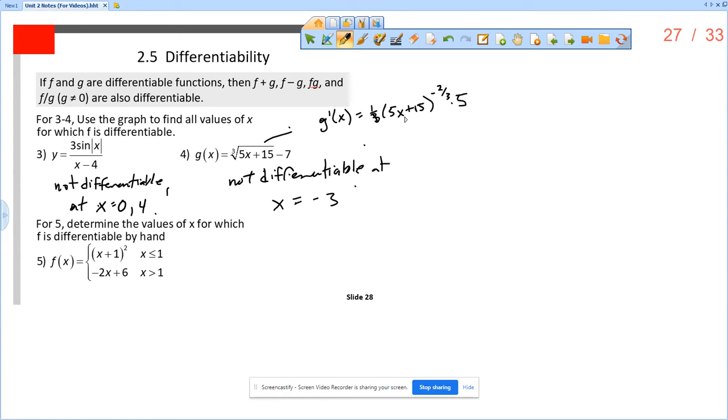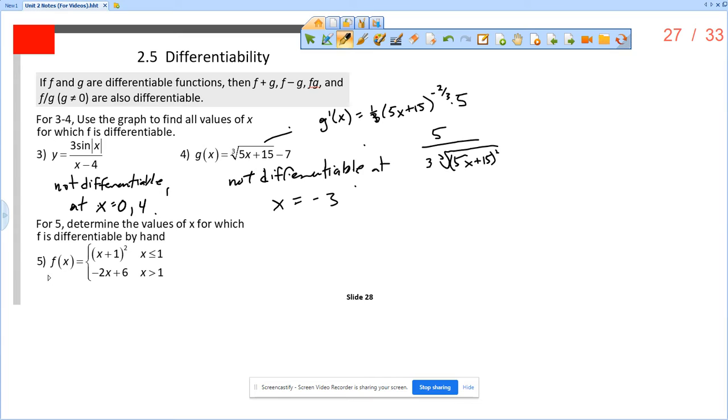Well, that means that you're going to have 5 over 3 times the third root of 5x plus 15 squared. So it's important that you know that 5x plus 15 is now in the denominator. So when 5x plus 15 equals 0, this thing is undefined, which means the derivative is undefined, which means it's not differentiable.